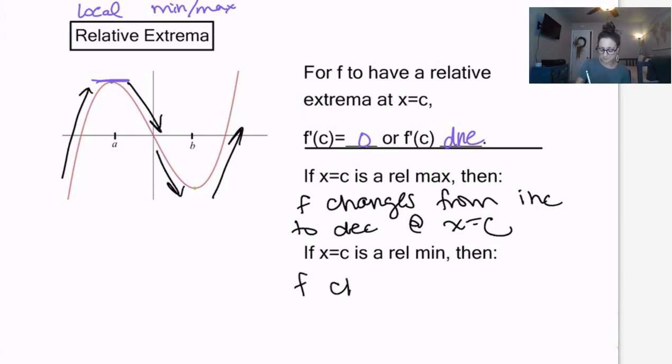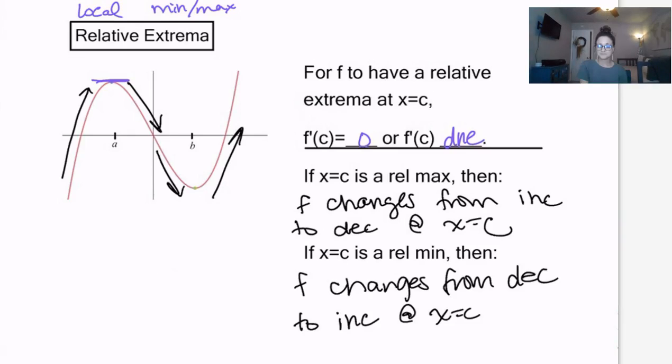So let's write that. So good news, we already know how to analyze the increasing, decreasing behavior of f, right? So this strategy is going to be exactly the same as our strategy for finding increasing, decreasing. It's just that our conclusion, what we're looking for, is going to be slightly different, but our process is exactly the same as 2 lessons ago.